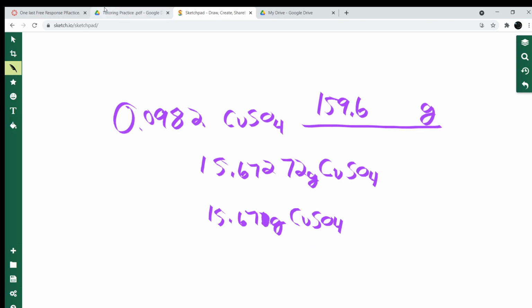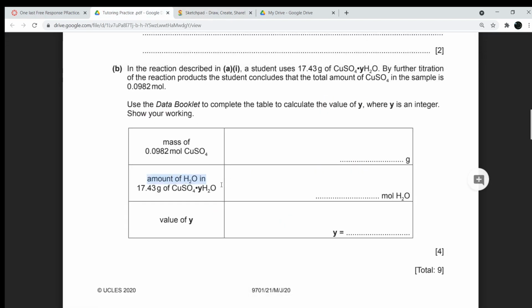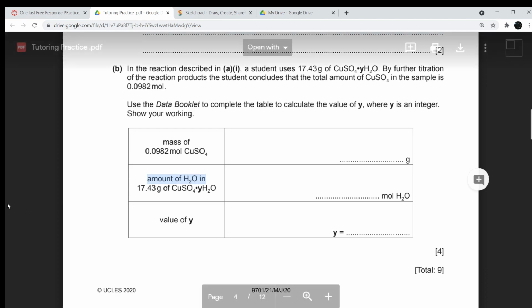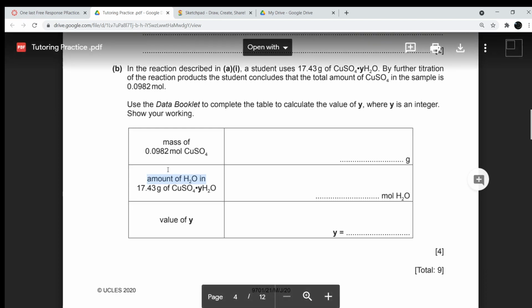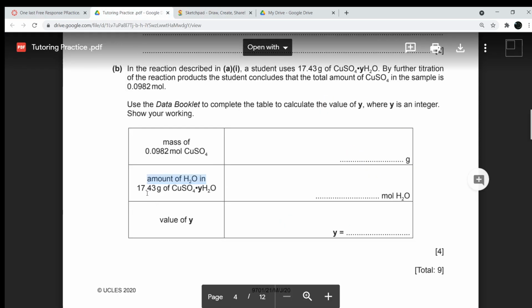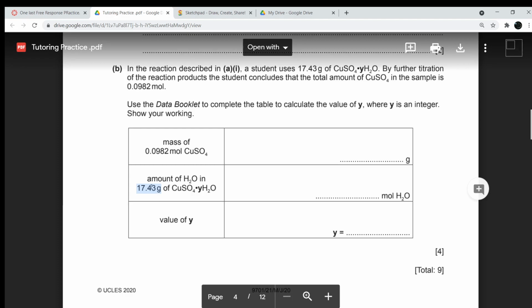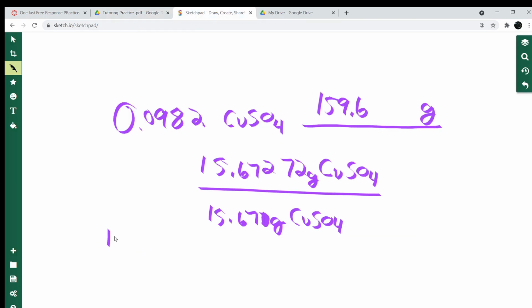All right. Then we're going to look at part 2. Part 2 is asking the amount of H2O in 17.43 grams. Now, wait a minute. This was CuSO4, and this was our total amount. Therefore, the total amount of water we have to figure out from here. So 17.43 minus 15.67.